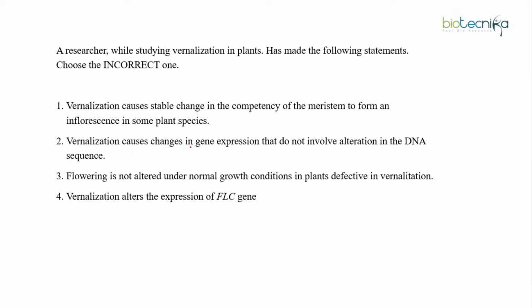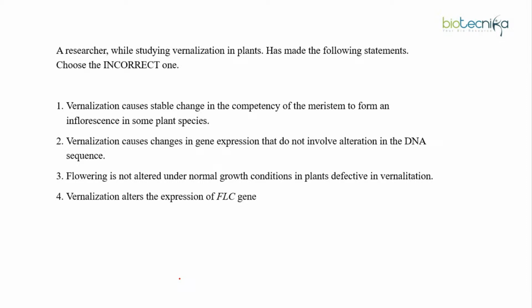Two, vernalization causes changes in gene expression that do not involve alteration in the DNA sequence. Three, flowering is not altered under normal growth conditions in plants defective in vernalization. And last, vernalization alters expression of FLC.